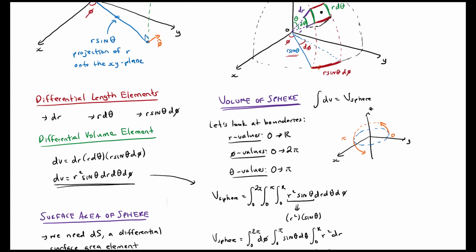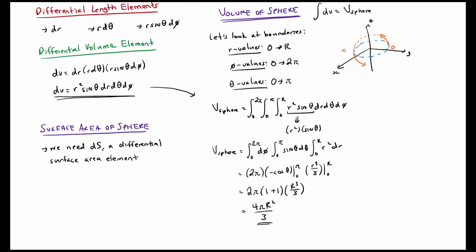So that means we have ds is equal to r d theta times r sine theta d phi, and ds is equal to r squared sine theta d theta d phi.